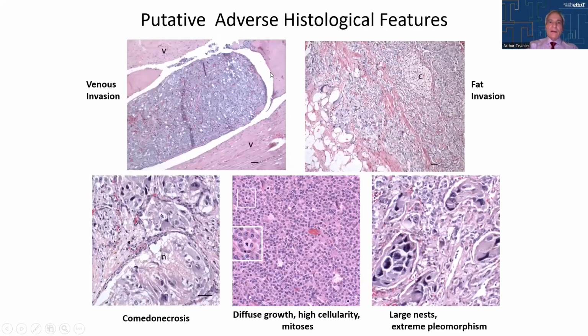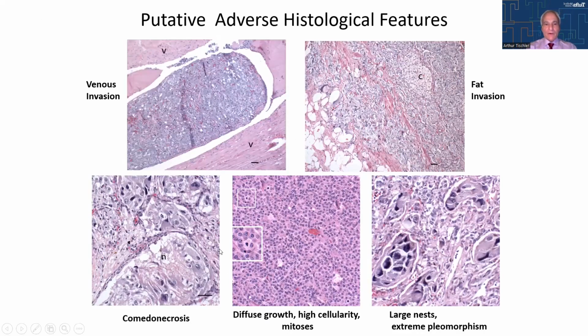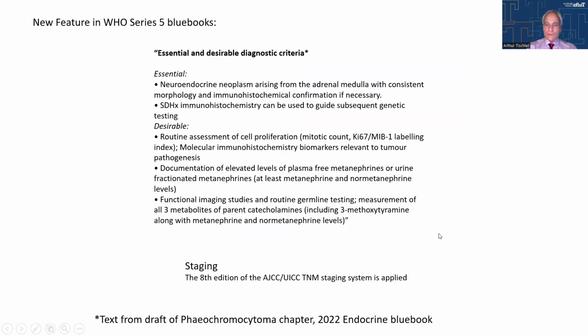These are the shared putative adverse histologic features, which include venous invasion, fat invasion, comedonecrosis, small cells with diffuse growth, high cellularity, and prominent mitoses, and large cell nests sometimes with extreme pleomorphism.